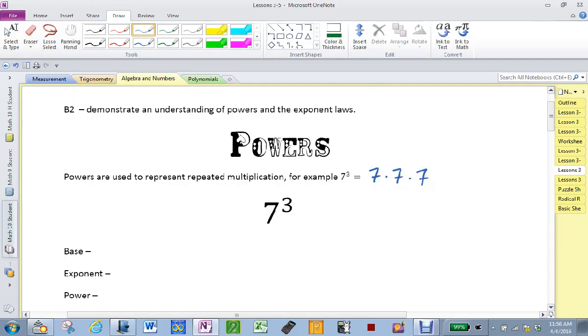Now, at least once in this room, in this unit, somebody is going to tell me that that is 21. They will. It's okay. The person that will probably do it is B-Rad, because he does it, and Mikey. They did it all the time. They know what it means, but you automatically want to say 7 times 3, 21.